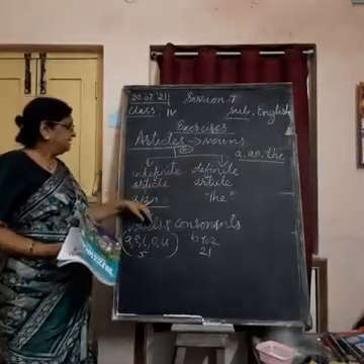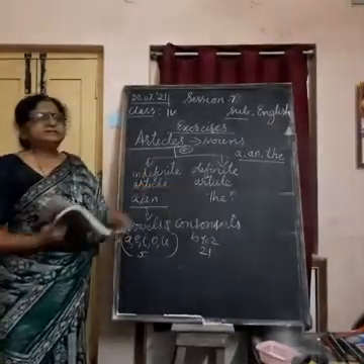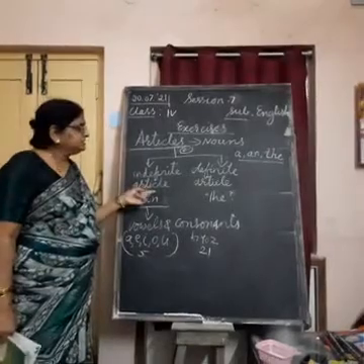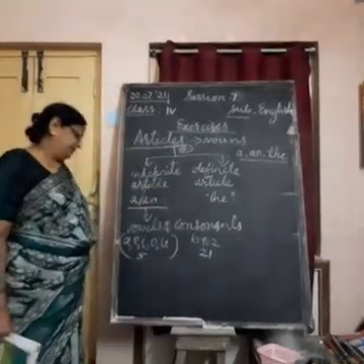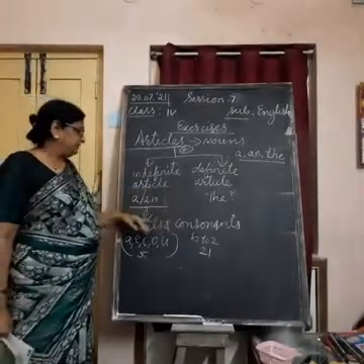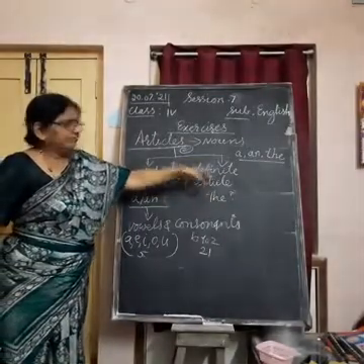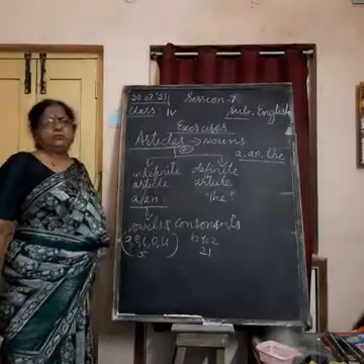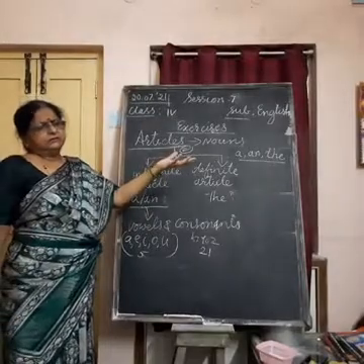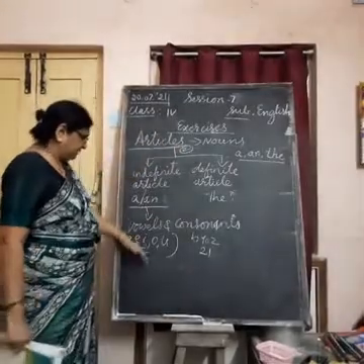A and an are considered the indefinite articles, whereas the is the definite article. And we have nothing to do with vowels or consonants in case of definite articles. The can be used with any word which can start either with the vowel or with the consonant. Let us forget about it now.